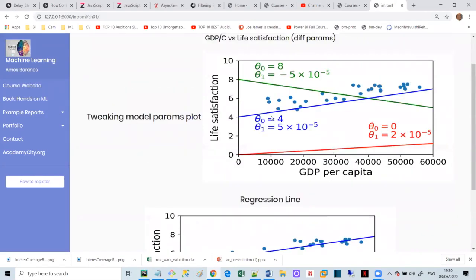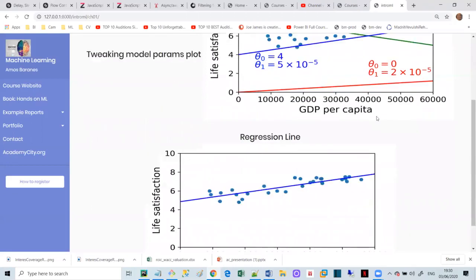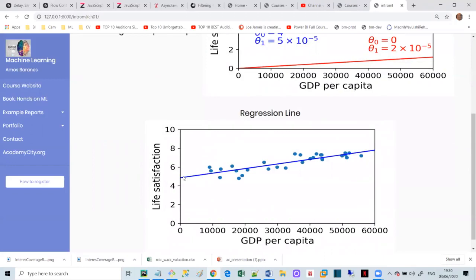Training means I'm going to find the parameters of a linear function. A linear function has two parameters: where the line is starting and what is the slope of the line. So I'm trying to find a line that starts from a point and has the slope such that the points will be as close as possible to the line.